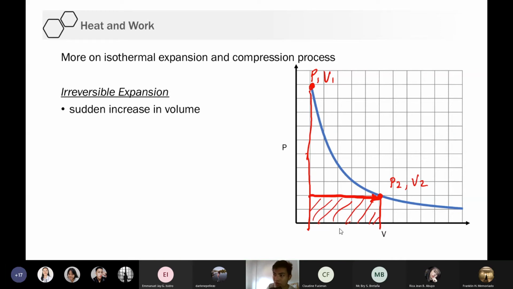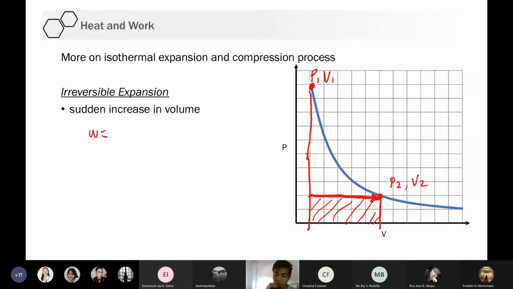Yun yung work na ginamit mo. So, only this portion. Kasi biglaan eh. Pag biglaan, square yung ganap. Okay, so naka-square yun always.